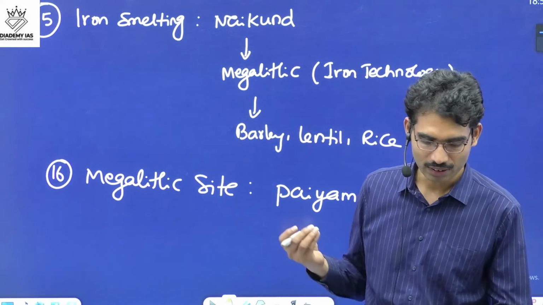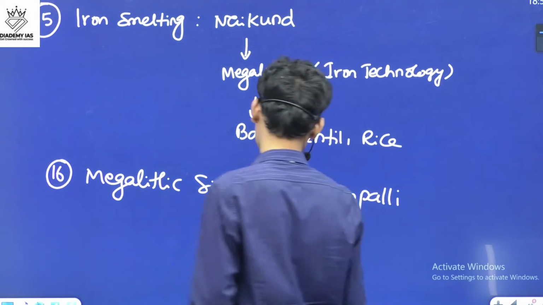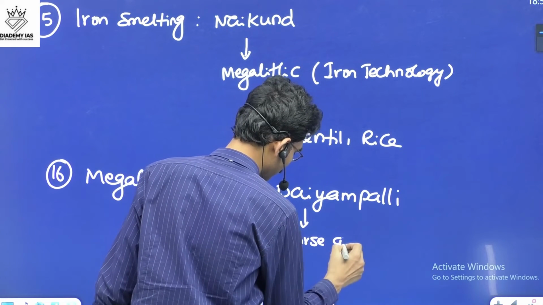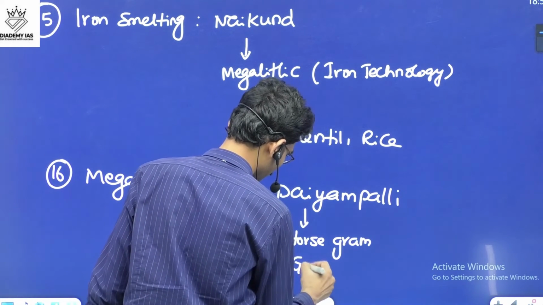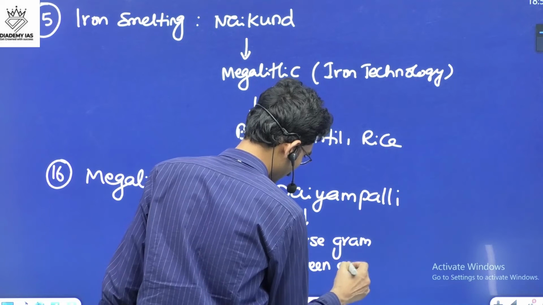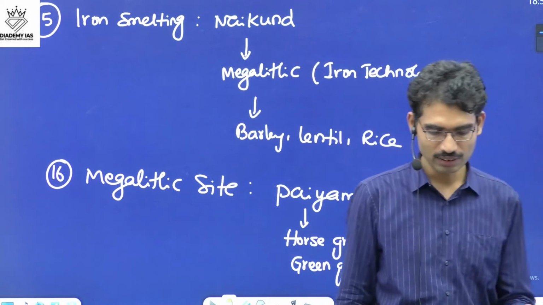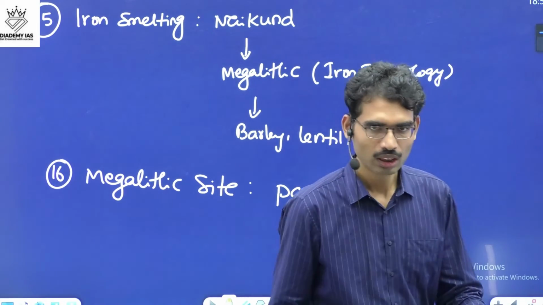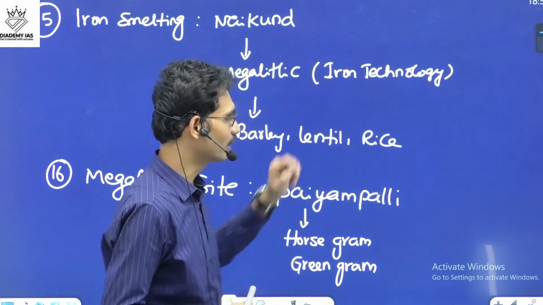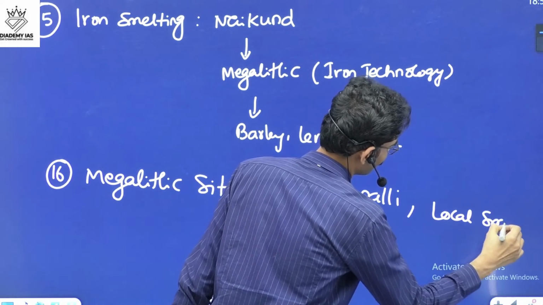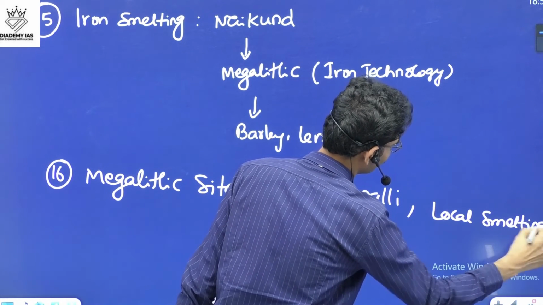Here in this location, green gram, horse gram, some grains, and local smelting of iron.